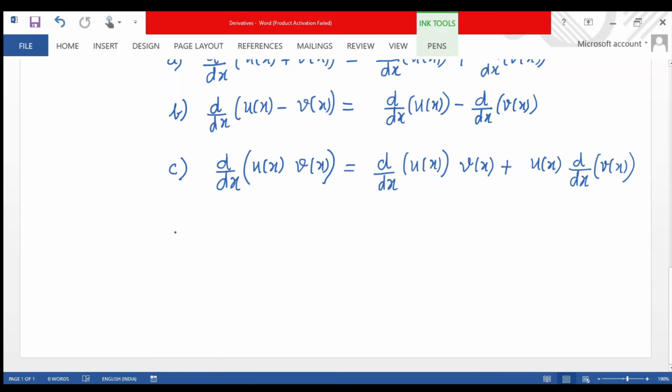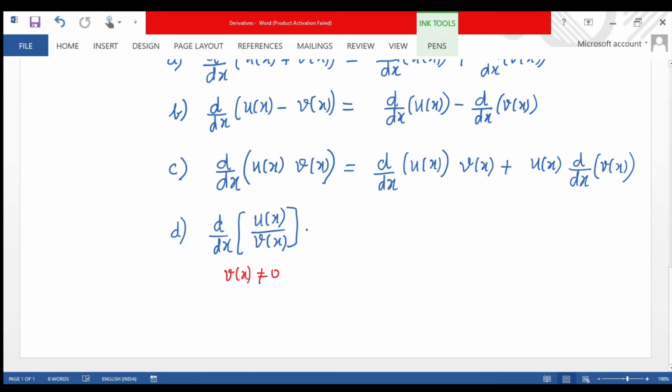And the last case is the quotient form, d by dx of u of x by v of x. In this case, we have a condition, that is v of x is non-zero for all x. Only then it is defined.